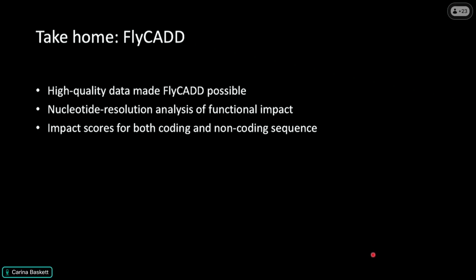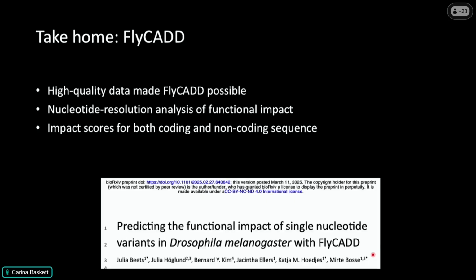And what is important, and this is something that not many tools do, is that it provides impact scores for both coding and non-coding sequence. And we know that non-coding sequences are very important for many evolutionary interesting processes that we as evolutionary biologists are interested in. So, as I mentioned, the paper is out. You can look it up.